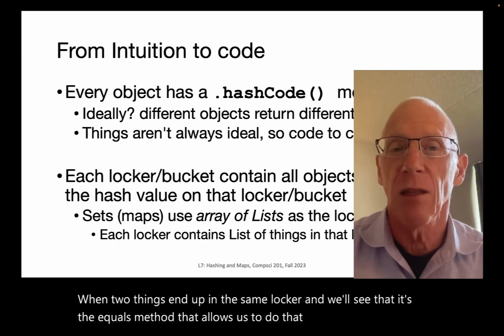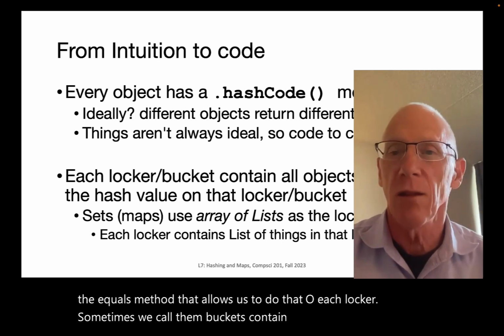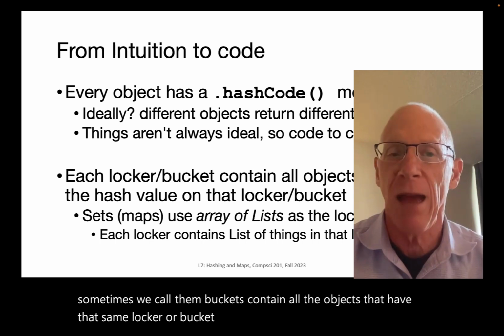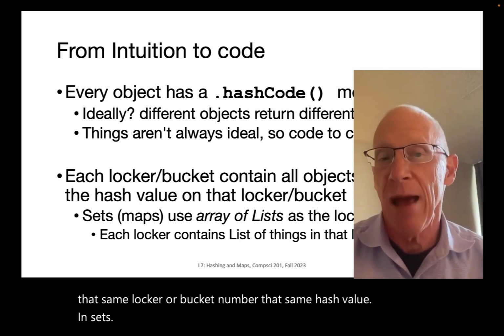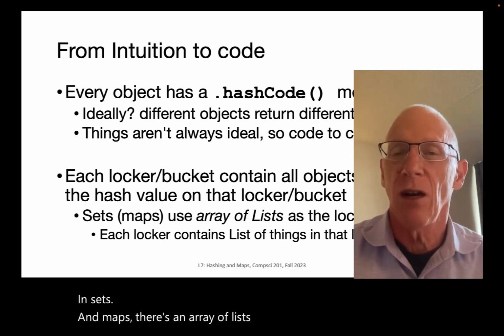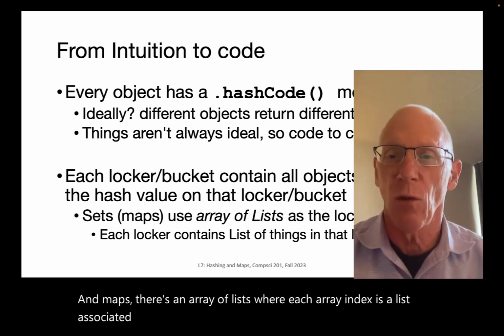So each locker, sometimes we call them buckets, contains all the objects that have that same locker or bucket number, that same hash value. In sets and maps, there's an array of lists where each array index is a list associated with that locker or bucket.